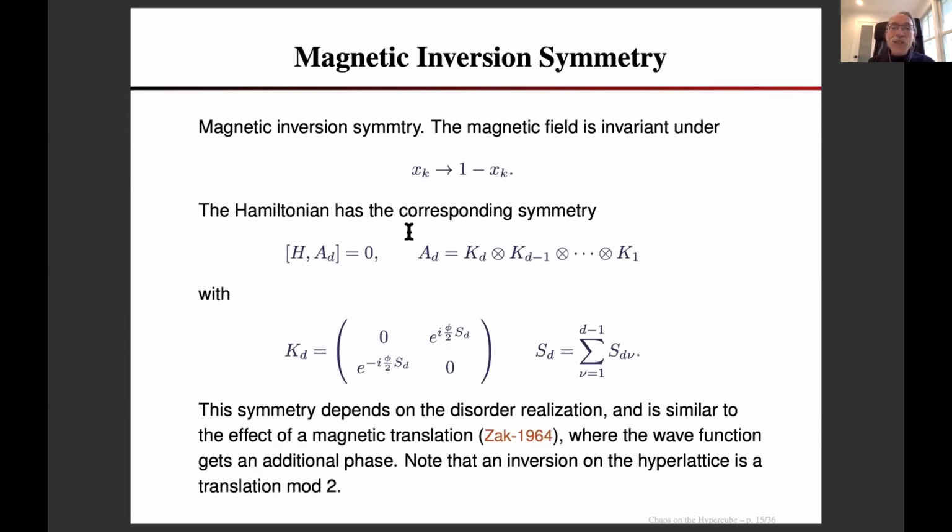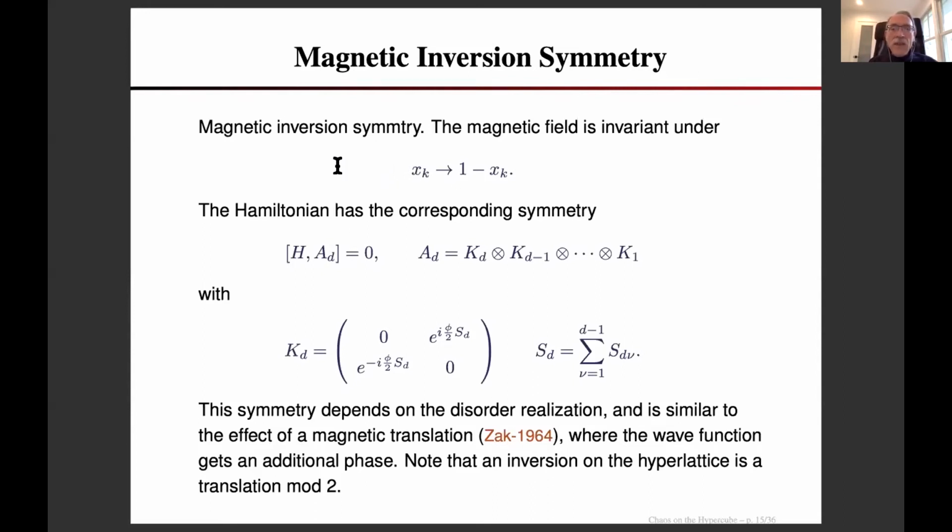And that can only happen if there's a symmetry. In this case, the symmetry is a magnetic inversion because the magnetic field is invariant, changing the points xk to 1 minus xk.